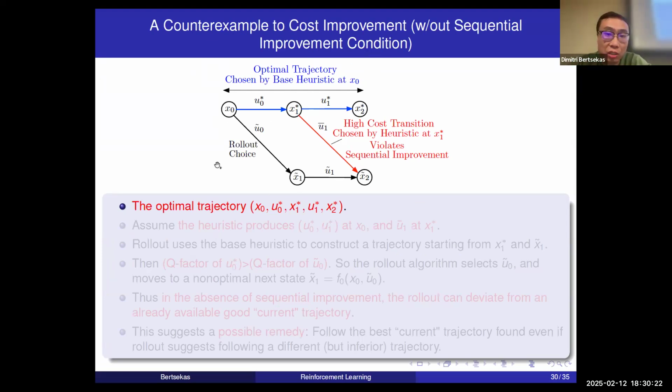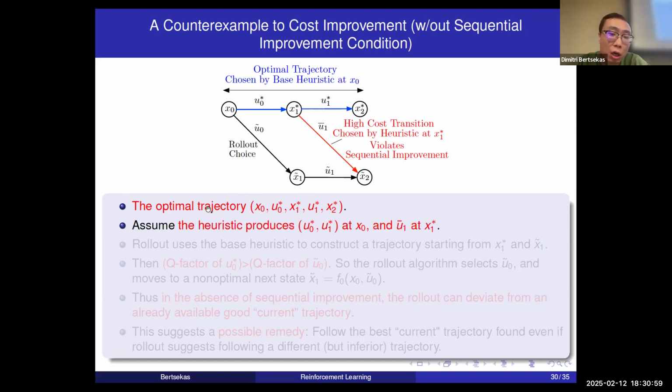We look at this very simple example, starting from x0, and suppose that our base heuristic is such that starting from x0, it produces a sequence of control and state u1 star, x1 star, u0 star, x1 star, u1 star, and x2 star, which happen to be optimal. In part due to this transition has a very high cost. So nothing stops us from making such assumptions.